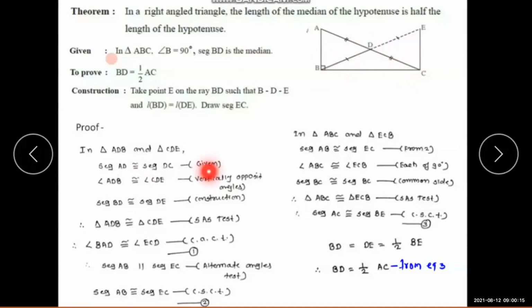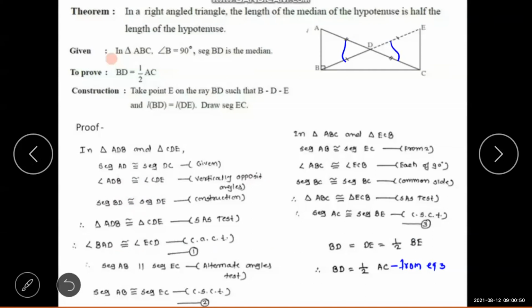Now here, angle ADB and angle CDE. See, where are the angles? Angle ADB, this one, and angle CDE, this angle. So these two angles are vertically opposite angles. And we know the property of vertically opposite angles, that they are congruent to each other.